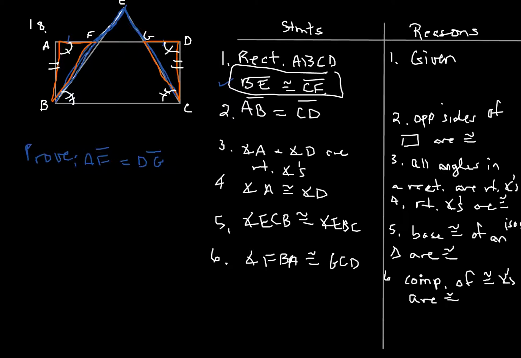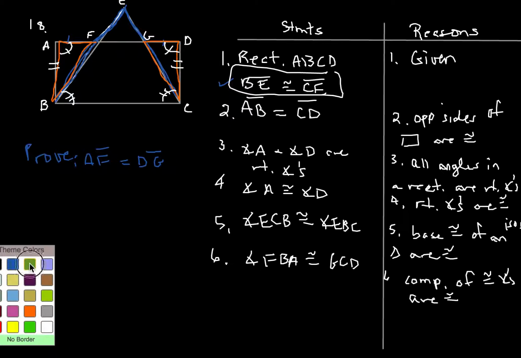I did this a different way the first time. I used alternate interior angles are congruent. That's an interesting way to do it too. This is just another way to do it. When you do proofs, there's sometimes more than one way to do them.